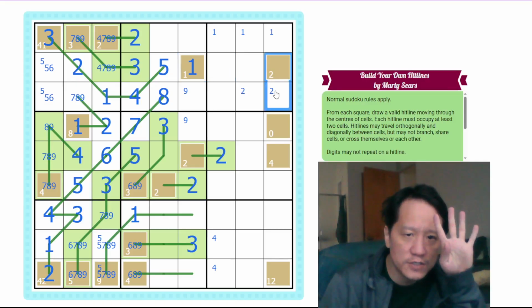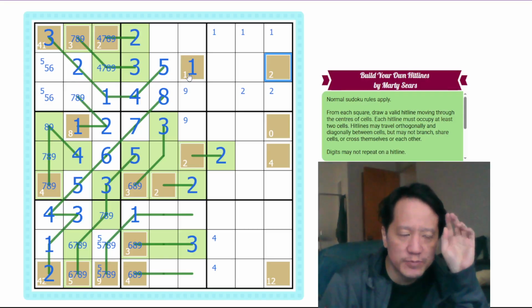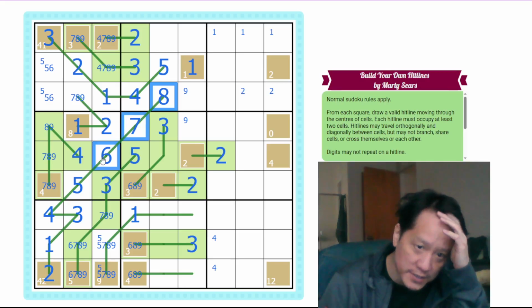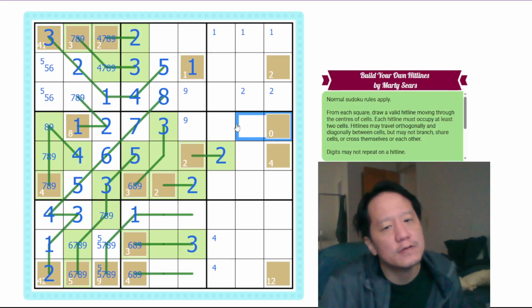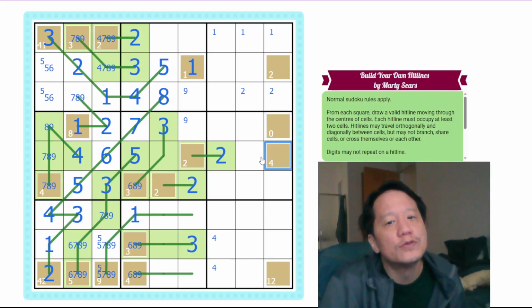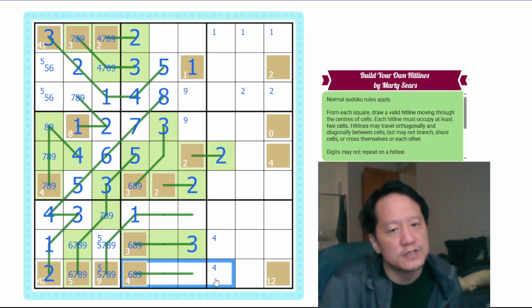This needs 2. 4, 2, and 2 add up to 8 plus 1 for this is 9. 2 is 11. 13. No, this has to be at least 3. 11 plus 3 is 14. Plus 1 for this is 15. Plus 4, 19. Plus 5 is 24.